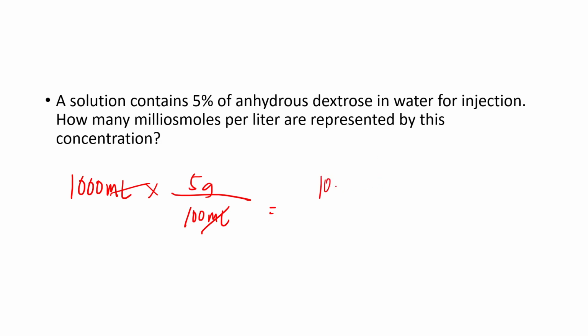There's 10 grams of dextrose. So that's 10,000 milligrams, and let's convert this into millimoles. I think dextrose is 180. Dextrose is 180.